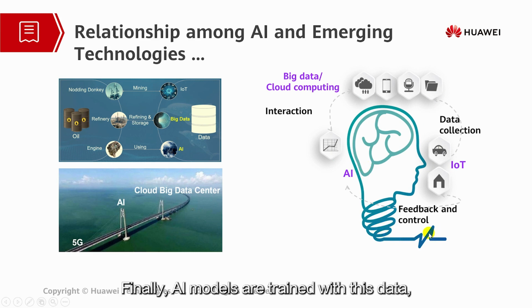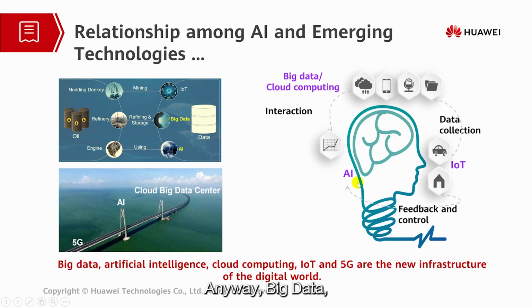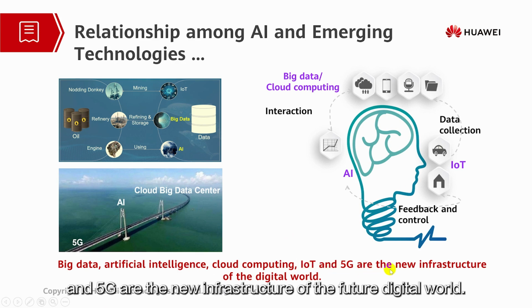Finally, AI models are trained with this data, just as our brains process data and derive the results as common sense or wisdom. Anyway, big data, artificial intelligence, cloud computing, IoT, and 5G are the new infrastructure of the future digital world.